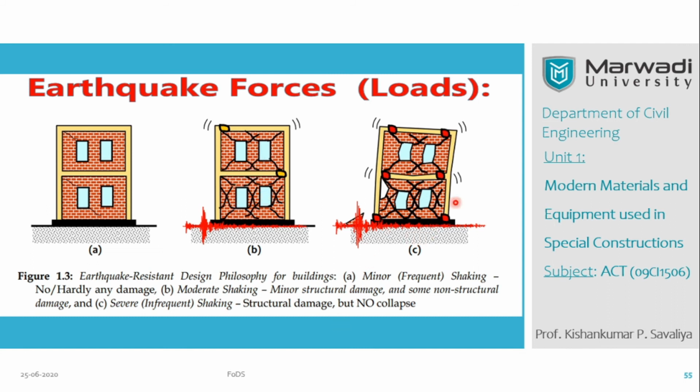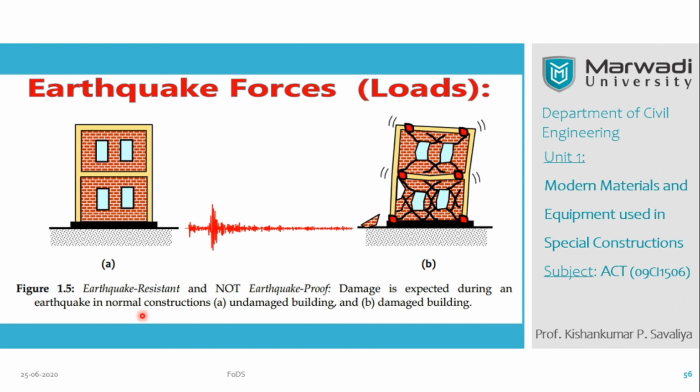And finally building C, severe damage or infrequent shaking, will lead to structural damage but no collapse. All of these three buildings will not collapse in the gravitational direction, because we have designed them as earthquake resistance buildings. You won't find an earthquake proof building because there is no building which is earthquake proof. We have earthquake resistance buildings. This philosophy you need to understand.